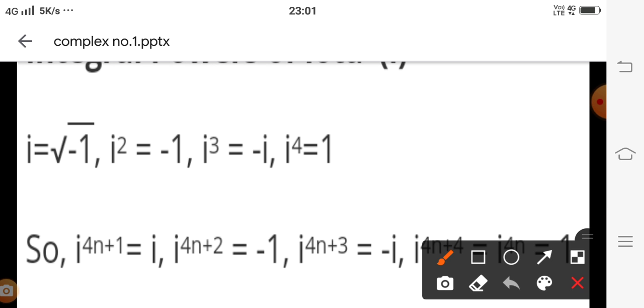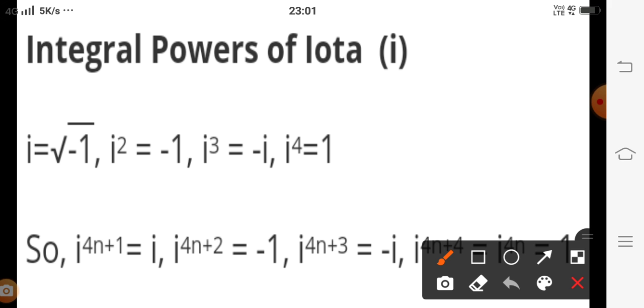When you get a question having any integral power of i, we solve it like this: we divide that power by 4, and the remainder we get is either 0, 1, 2 or 3.